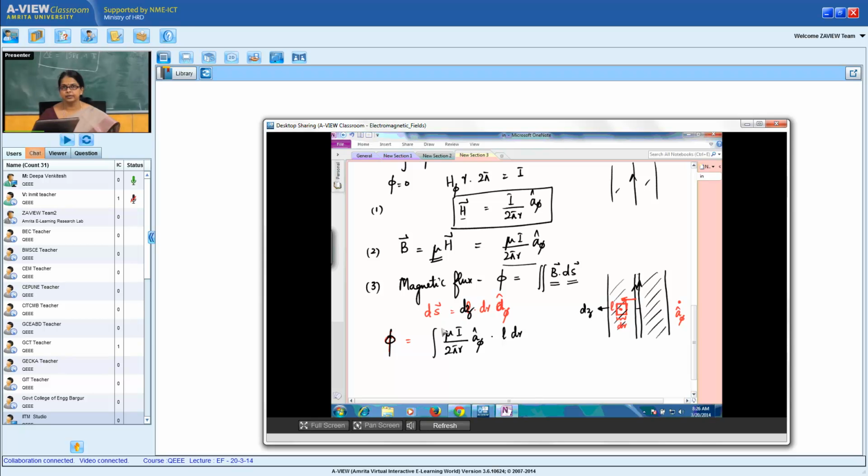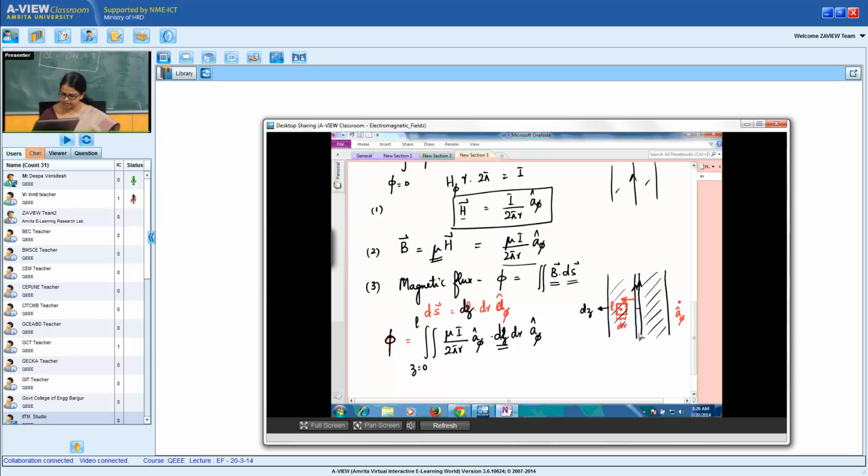So instead of dl, I can use dz. So this is dz dr a phi, and then z is running from 0 to, say, L.